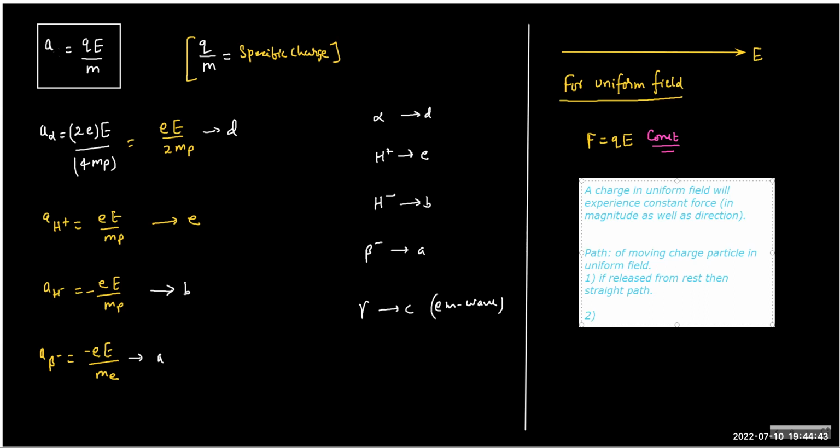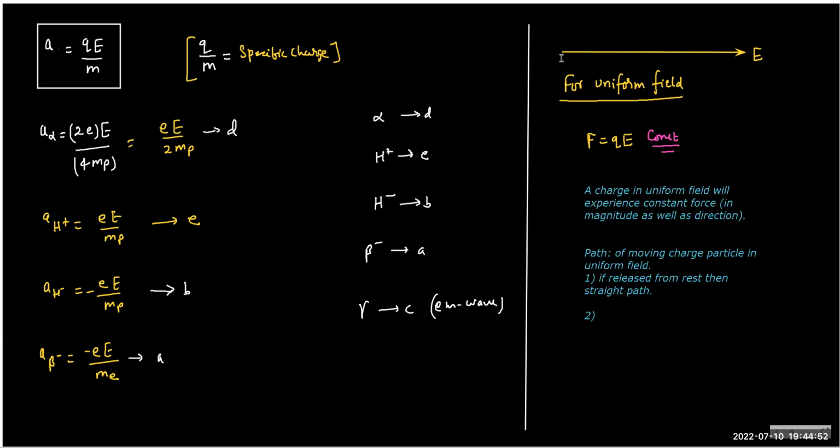If I throw you with some velocity, what will happen? Can you guess? If I impart some initial velocity, then what will happen? Path will not be a straight line. Need not be. It could be, but need not be.